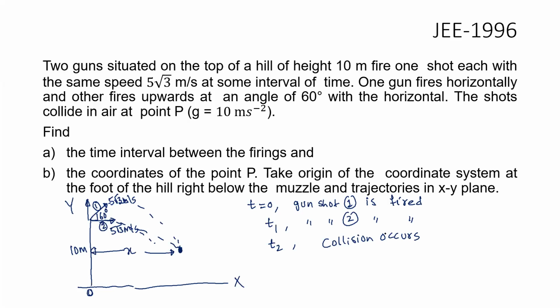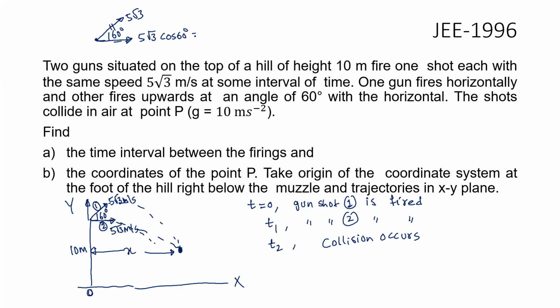Now, horizontally, if I take a look at the first particle, let's get the components of the first particle. And I'm taking that gunshot as a particle. It has 5 root 3 at an angle of 60 degrees. So the horizontal component would be 5 root 3 into cos 60 degrees.